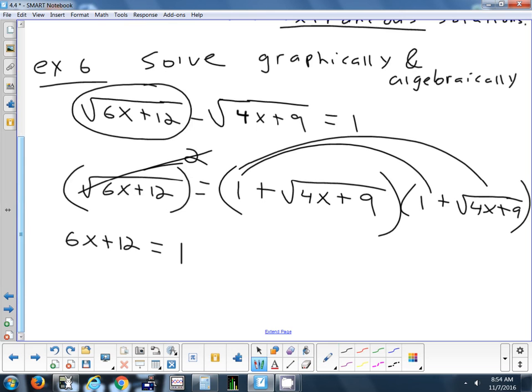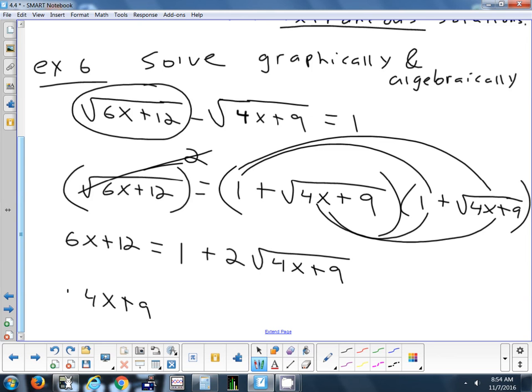What's 1 times square root 4x plus 9? And then another 1 times square root 4x plus 9. So how many of those do I have? I have 2 of the square root 4x plus 9s. And what about square root 4x plus 9 times square root 4x plus 9? Right, it's like taking the square root of 4x plus 9 and multiplying it by itself. So you just get 4x plus 9.